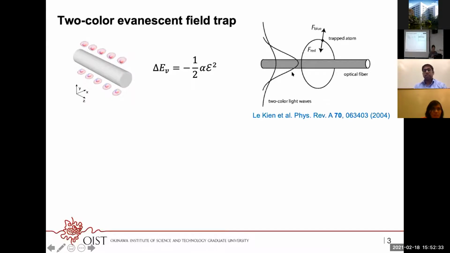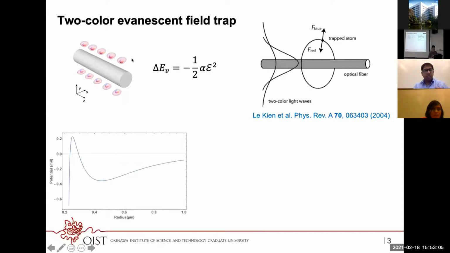In our case, we are using rubidium 87, so 780 nanometer is the transition, and we are using 1064 nanometer as the red and 762 nanometer as the blue light. If we send these red and blue, the red tries to pull the atom close to the nanofiber surface, while the blue pushes it away. With the right balance of power, and since they have different decay lengths, we can create a potential minima a few hundred nanometers away from the surface of the nanofiber.